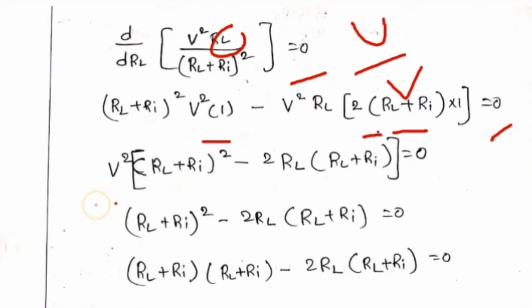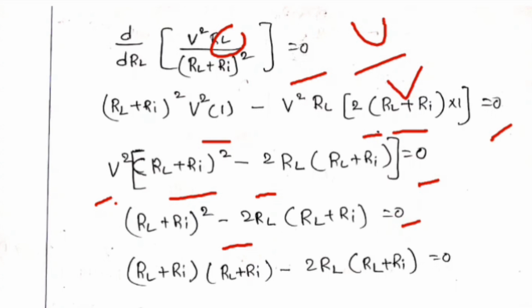Now in both terms, if V square is made common, (RL plus RI) whole square minus 2RL (RL plus RI) equal to 0. If you send V square to this side it becomes 0, hence we can write (RL plus RI) square minus 2RL into (RL plus RI) equal to 0.